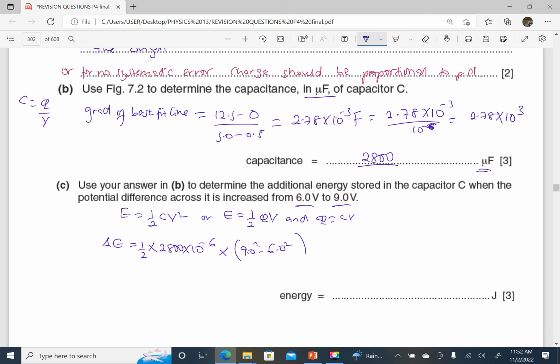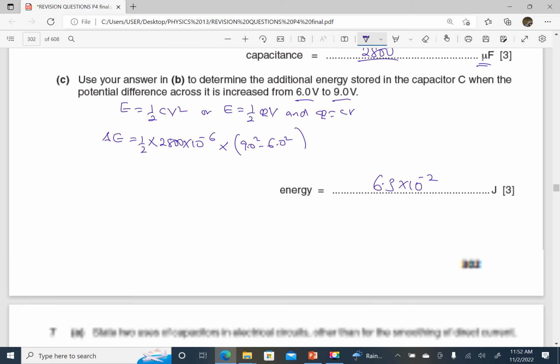So I press my calculator. So this is 6.3 times 10 power negative 2.